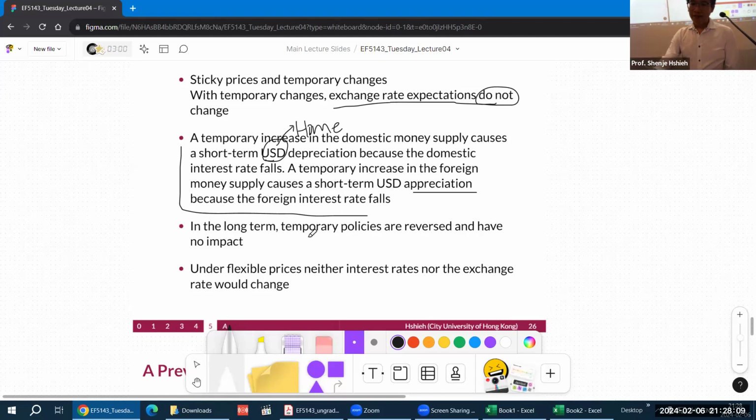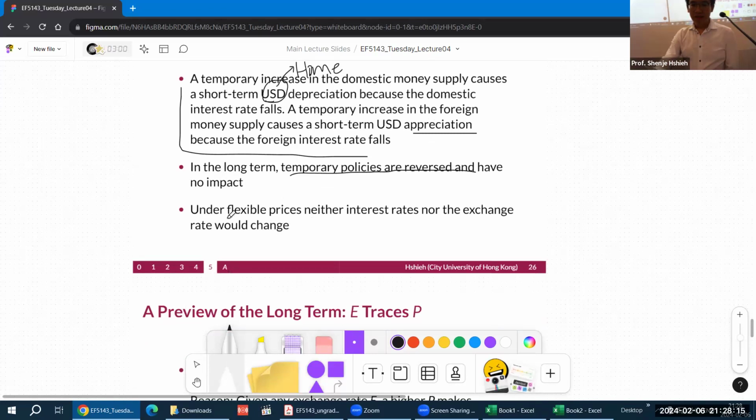Now, in the long term, as I said, temporary policies are reversed. And under flexible prices, interest rates don't change, because MS over P, if P changes in proportion to MS, the real money supply curve doesn't change. So monetary policy is ineffective in the long run under flexible prices.